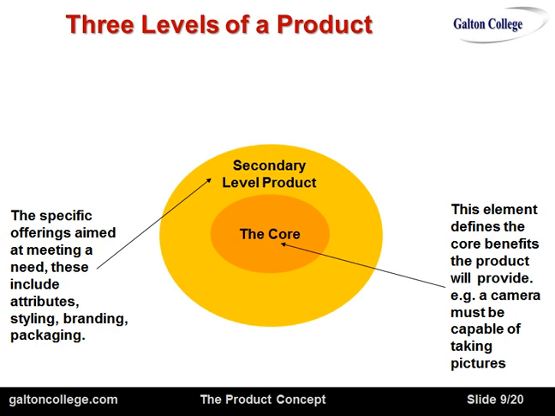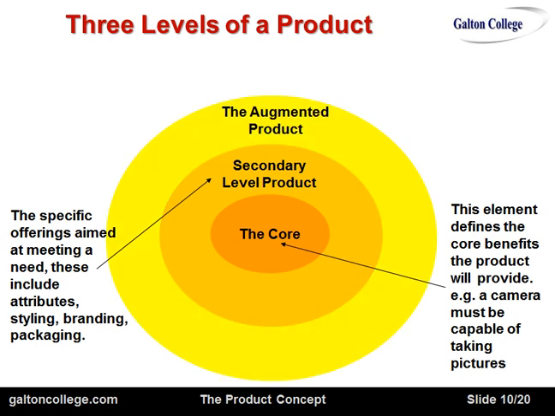It's what leads to making the purchase. It's what attracts the customer. The customer assumes that the camera will take pictures, that the core is met, and then goes looking for the style of the product, its texture, its color, its attributes, its styling, and so on. So this is the secondary layer.